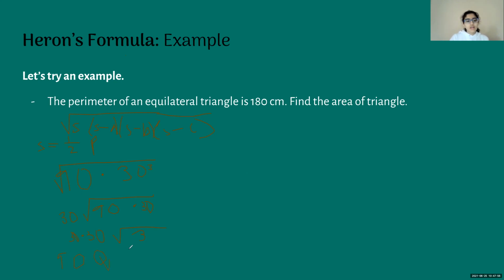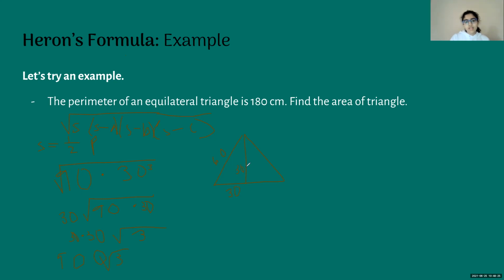Now, if we solve for the area of this equilateral triangle using the formula that we learned, if we drew a diagram of this 30-60-90 triangle, we would get 60 here, 30 over here, and 30 radical 3 here.